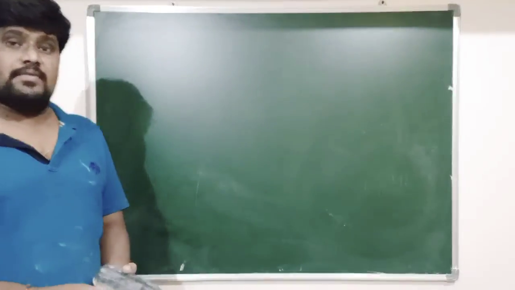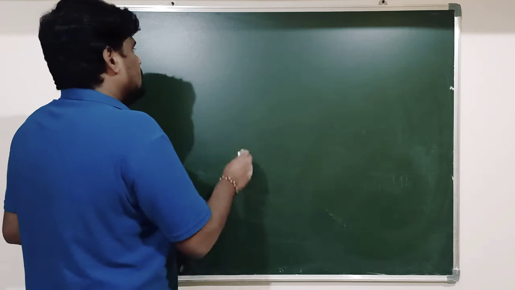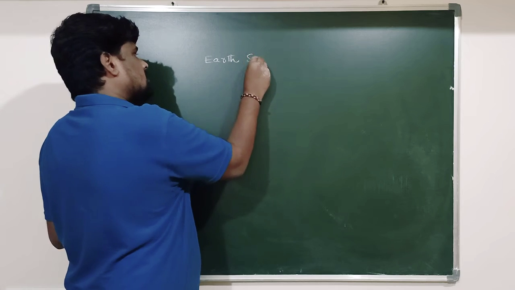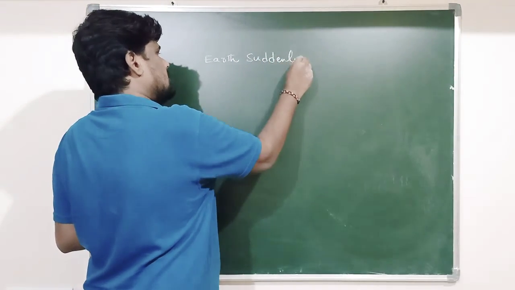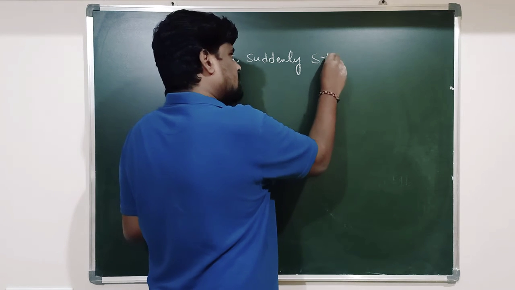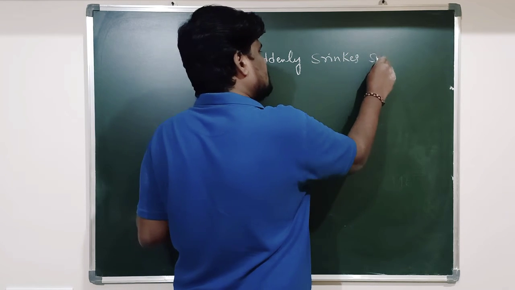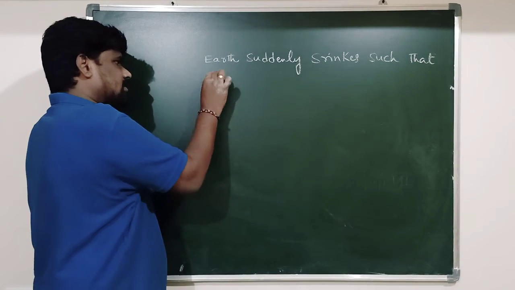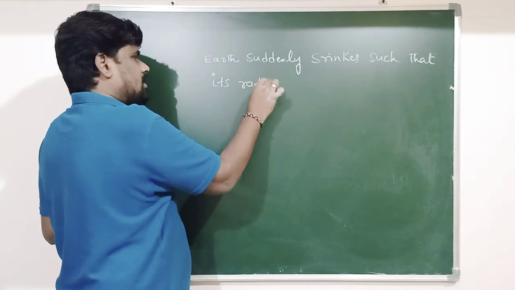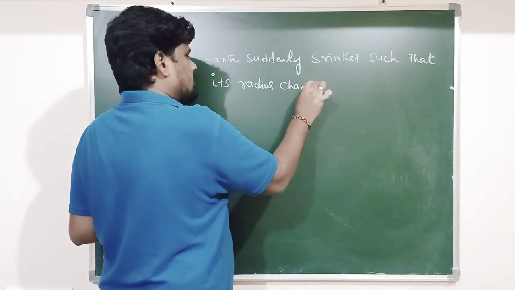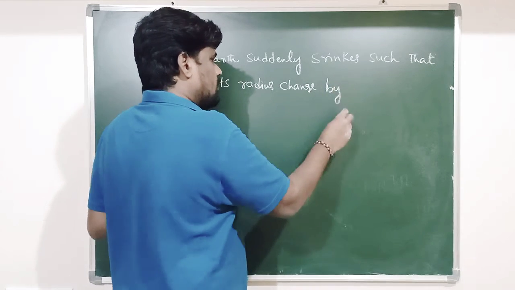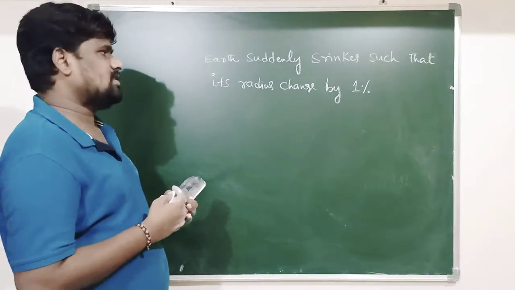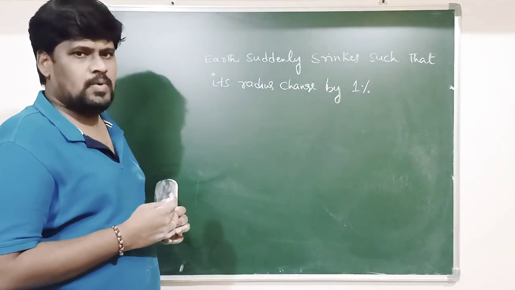We can apply this same concept to gravitation. Suppose the earth suddenly shrinks such that its radius changed by 1%.